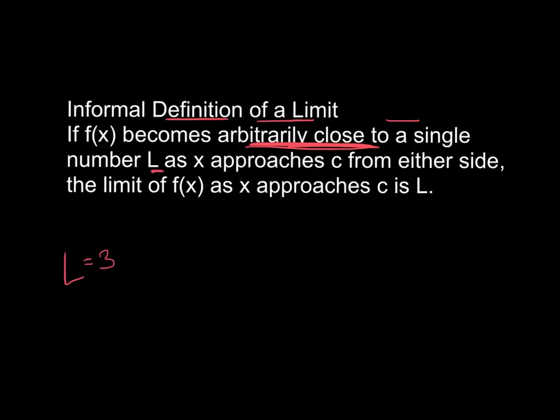So f of x is getting really, really close to L, as x is getting really, really close to C. And note that this is from either side. Remember our table and our graph, we were looking from the left and from the right. It's important that we look at both sides. So if this is true, if f of x gets close to L as x approaches C, then the limit of f of x as x approaches C must be equal to L.